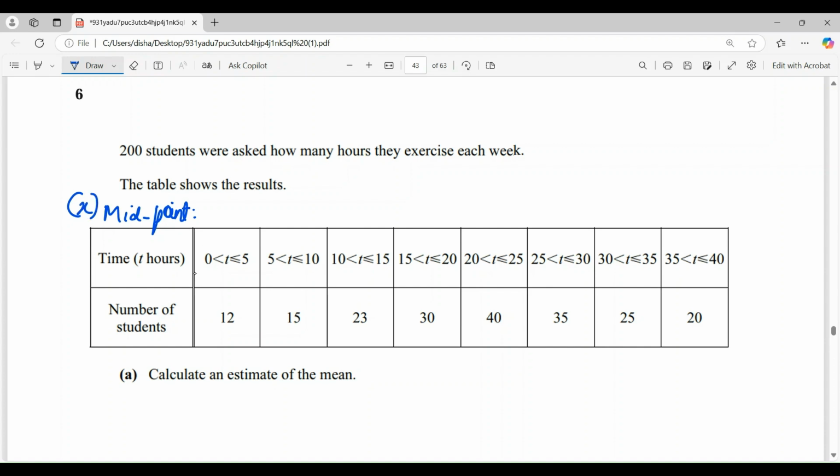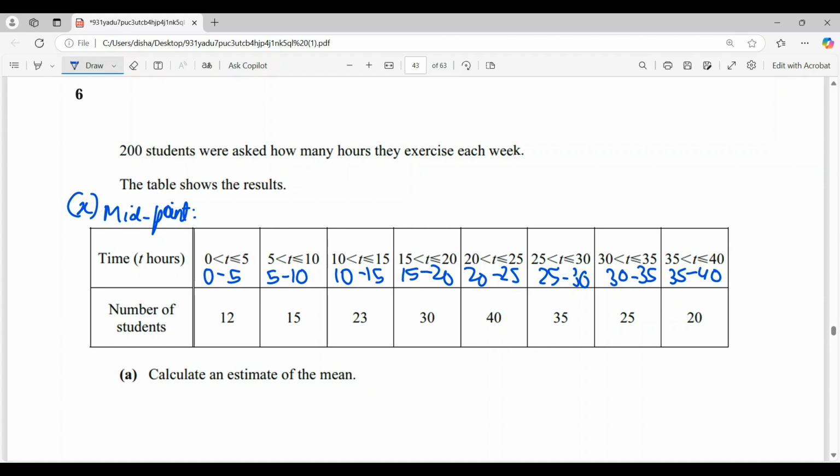Midpoint will be here. What is my class? 0 to 5, 5 to 10, 10 to 15, 15 to 20, 20 to 25, 25 to 30, 30 to 35, and 35 to 40.